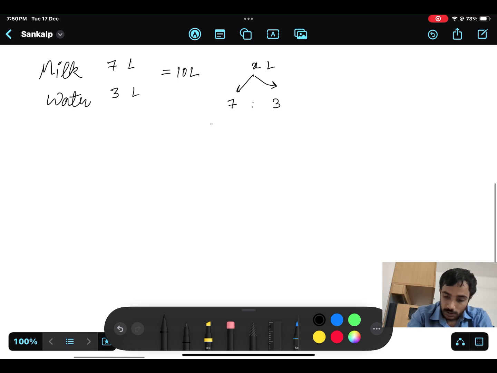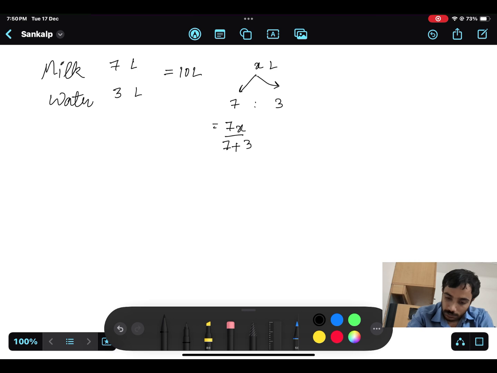So the amount of milk will be equivalent to 7x by 7 plus 3, and water will be 3x by 7 plus 3. So milk will be 7x by 10 and water will be 3x by 10.